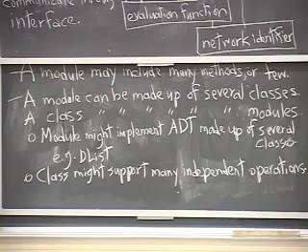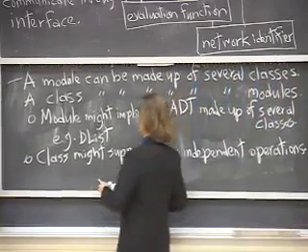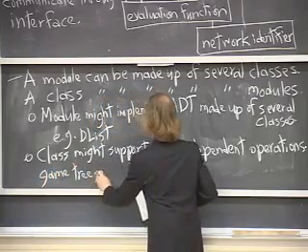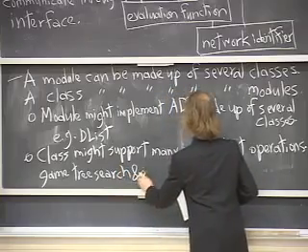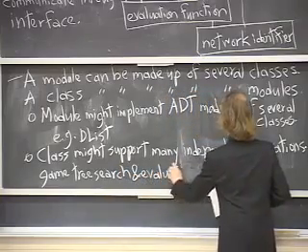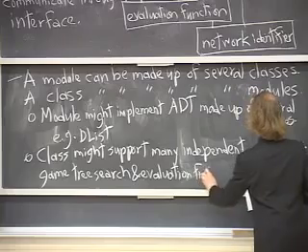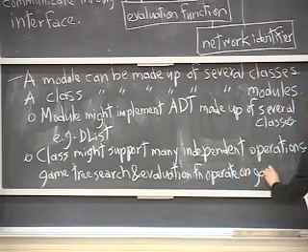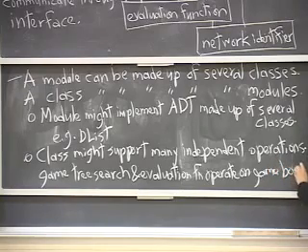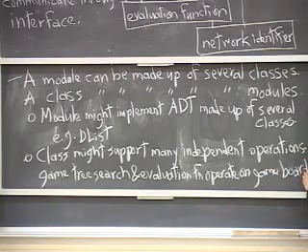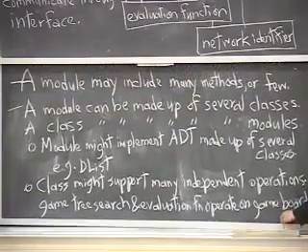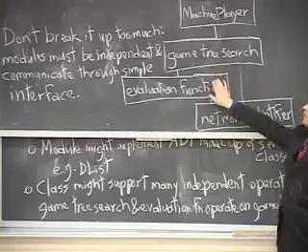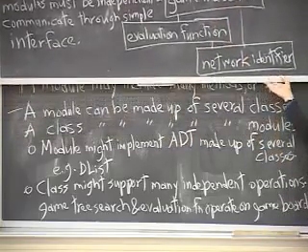So, for instance, game tree search and your evaluation function both operate on the same data structure, a game board. So it just makes sense that they should go into the same class, even though it's very easy to divide them into two separate modules that are independent of each other.